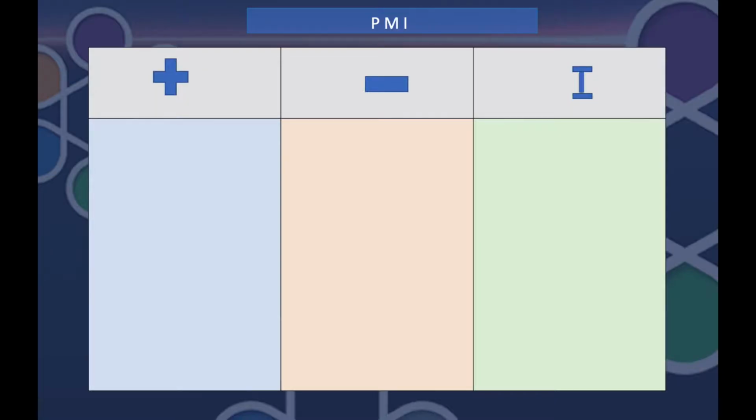We will start by using a simple graphic organizer which many of you may be familiar with. We call this graphic organizer the PMI chart. For a quick recap of what PMI stands for and how we're going to use it in this session: PMI is the acronym for plus, minus, interesting.